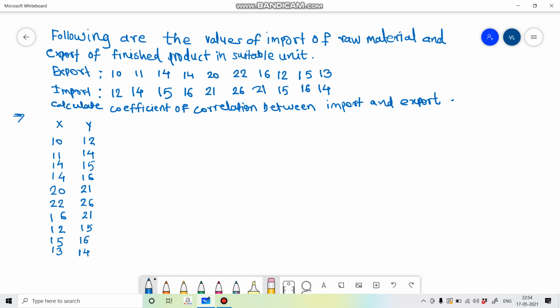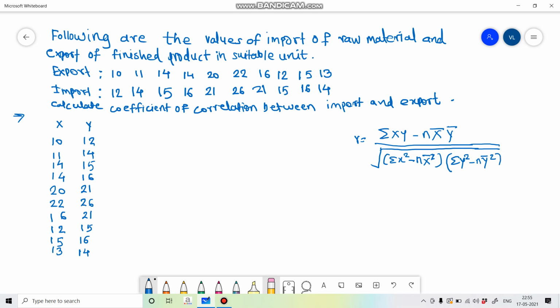So our formula is the coefficient of correlation. The formula is r is equal to summation of xy minus n into x bar y bar, divided by the square root of, in one bracket, summation x square minus n into x bar square, and in another bracket, summation of y square minus n into y bar square.